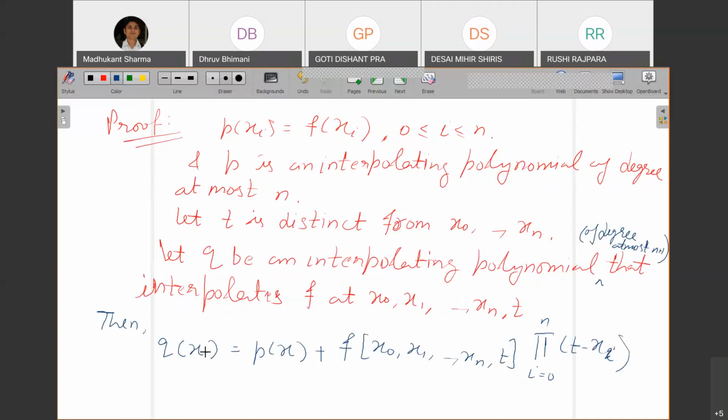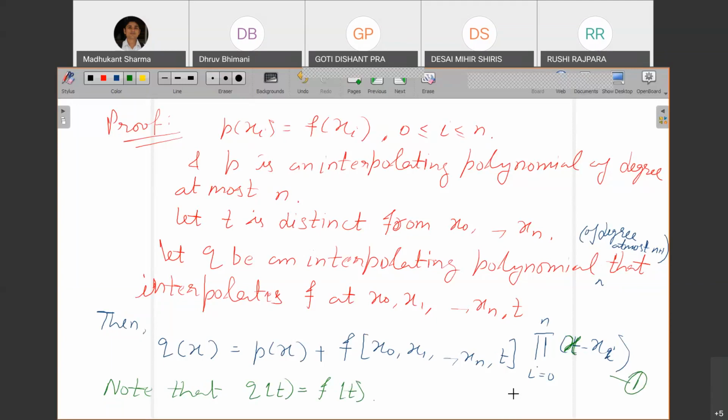Note that Q interpolates f at x0 to xn and t. So Q of t is equal to f of t. This is equation 1.